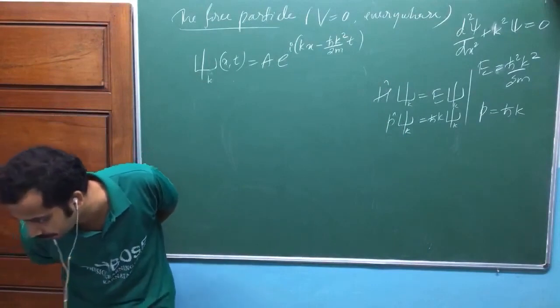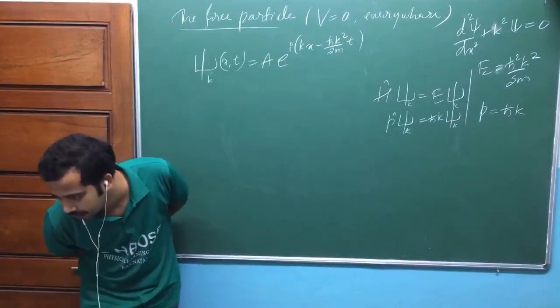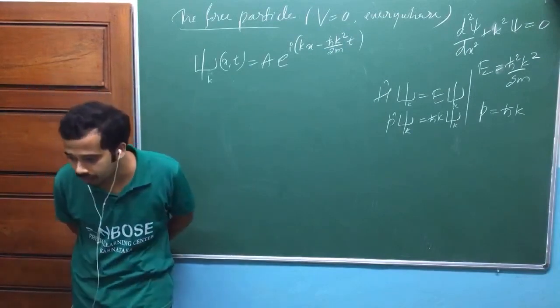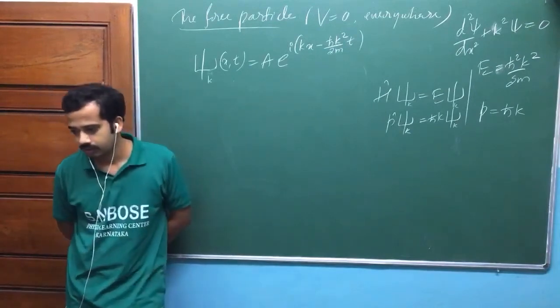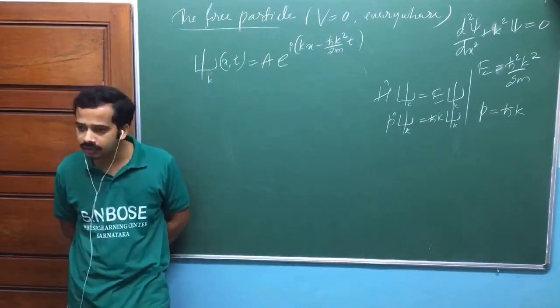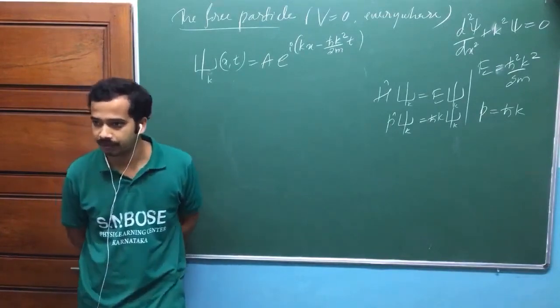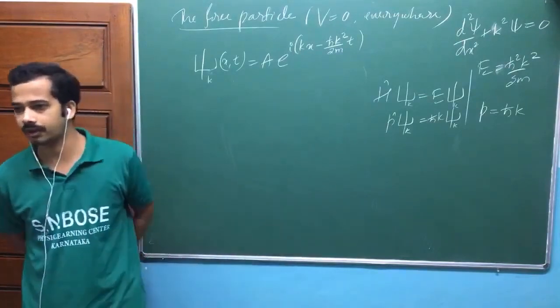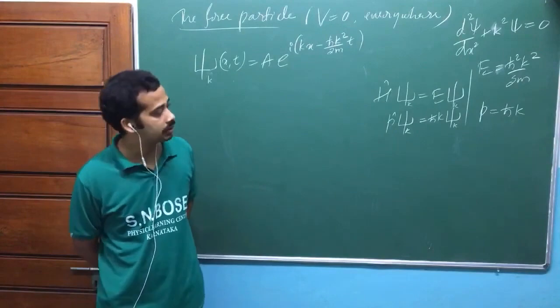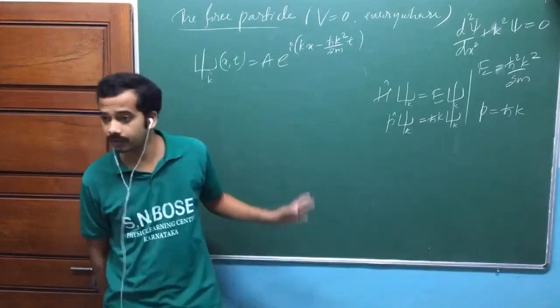Wait a second, I got a couple of questions. Definite energy states are forbidden for a free particle because again it is not normalizable. That is the main story. The main problem with this solution is it is not normalizable. That's why it is physically unacceptable. And you can give another interpretation. This is a definite momentum state also.